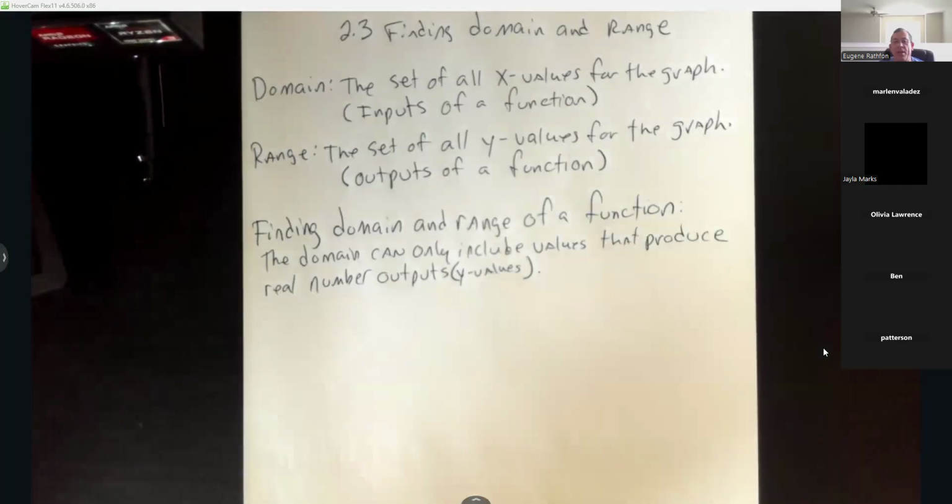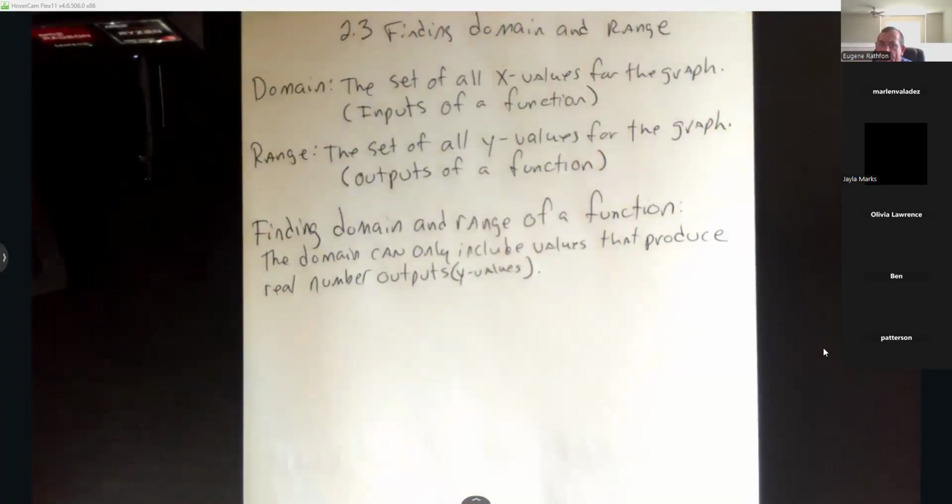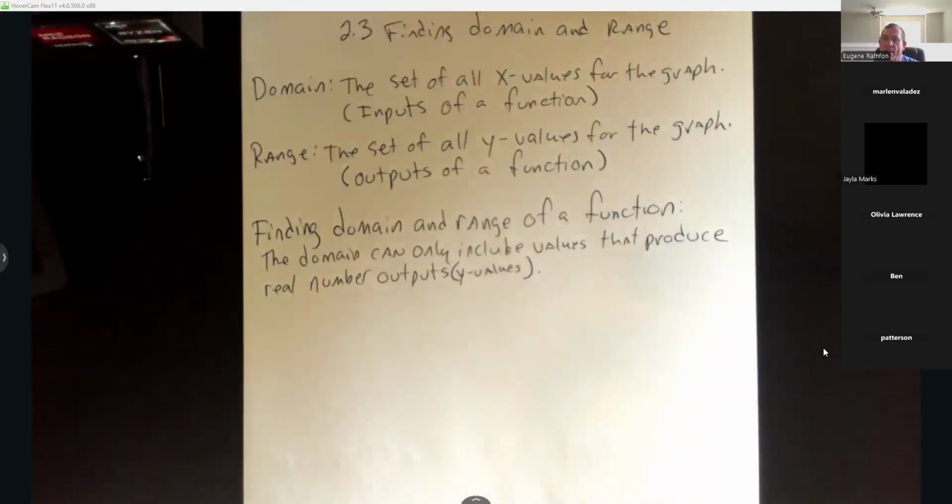Okay, so any number in my domain, I'm going to be able to plug it into my function and get a real number out of it. What I got to exclude from the domain are any numbers that are not real.